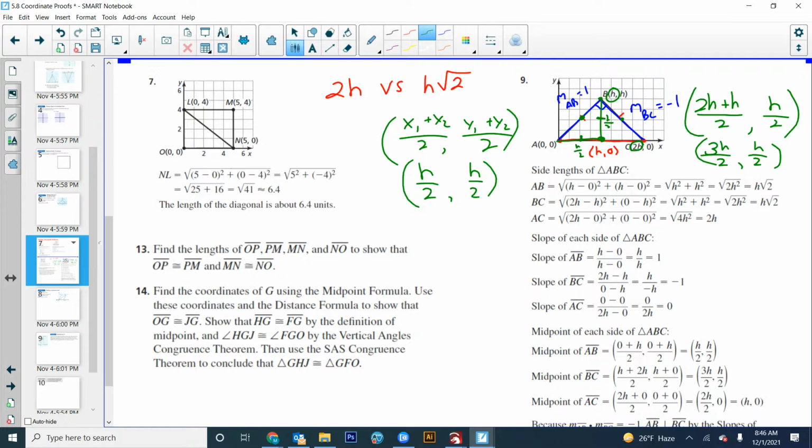Now, sixth period asked about this yesterday. I might as well tell you guys as well. Have we talked about the Pythagorean theorem much this year? A little bit. Some of you are like, no, not at all. Did you guys do the Pythagorean theorem last year? No. I thought they were supposed to.